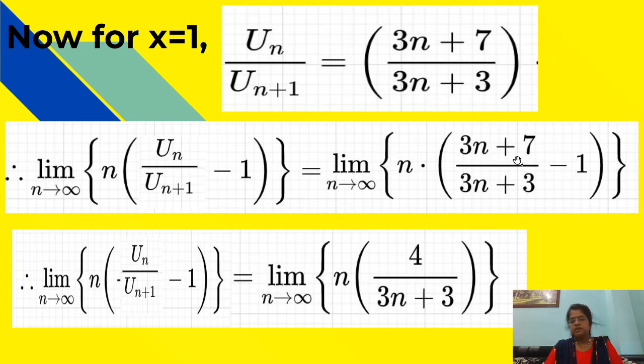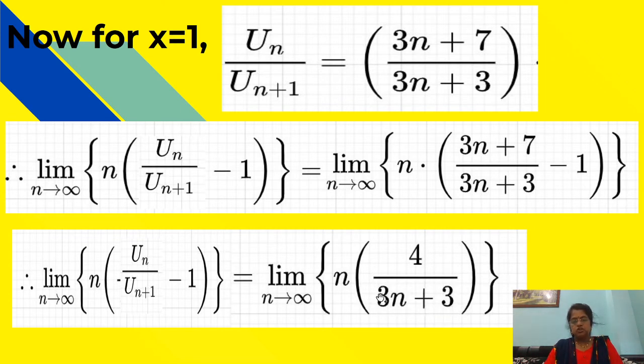Therefore in the numerator we will have 3n plus 7 minus 3n minus 3, and therefore 3n and minus 3n will get cancelled, and 7 minus 3 will be 4, and LCM is 3n plus 3, and therefore limit n tends to infinity n into un upon un plus 1 minus 1 is equal to limit n tends to infinity n into 4 upon 3n plus 3.